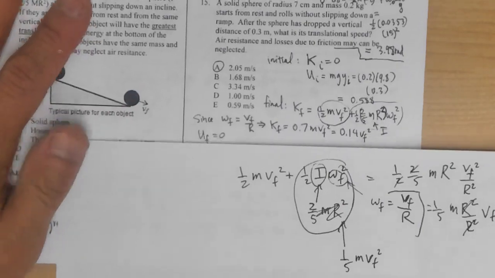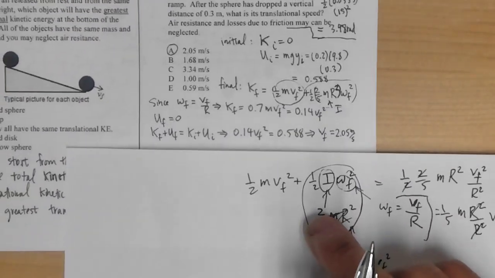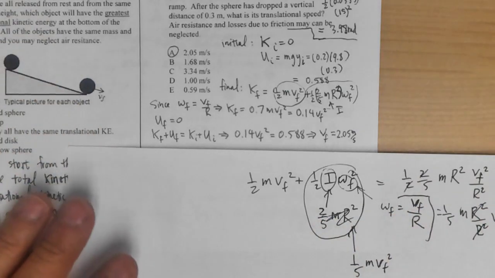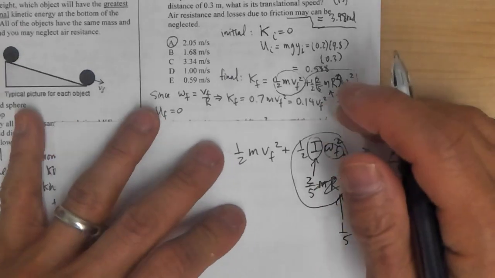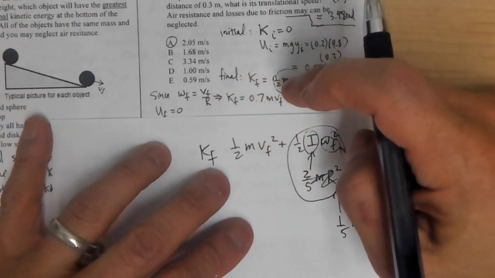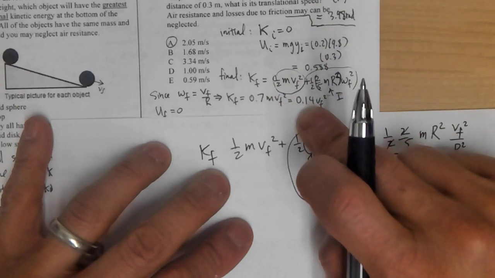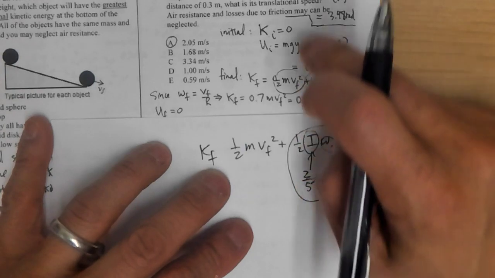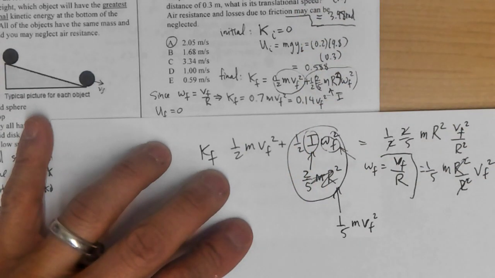So now we need to add the 1/2 plus the 1/5. If you do that, we get that K final ends up being 0.7 m v final squared, and then plugging in that m is equal to 0.2, we end up getting 0.14 v final squared.